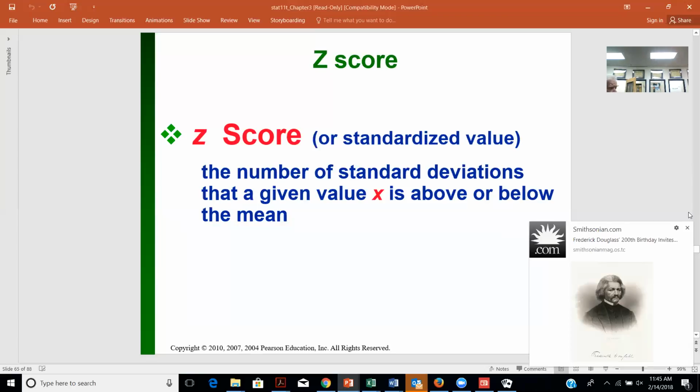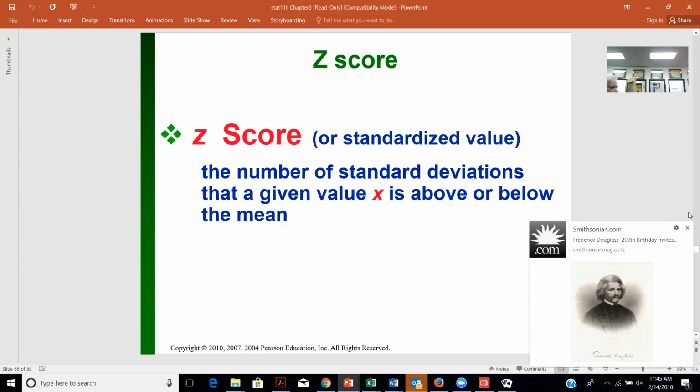Remember, we said that in a fairly standard bell type curve, one standard deviation from the norm is about 34% of the data set. 34% on either side of the mean means that 68% of the data set falls within one standard deviation. 95% of the data set falls within two standard deviations.